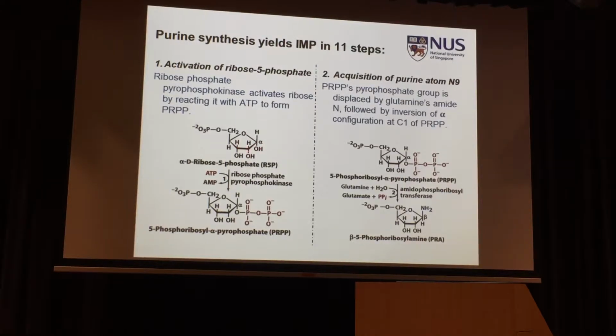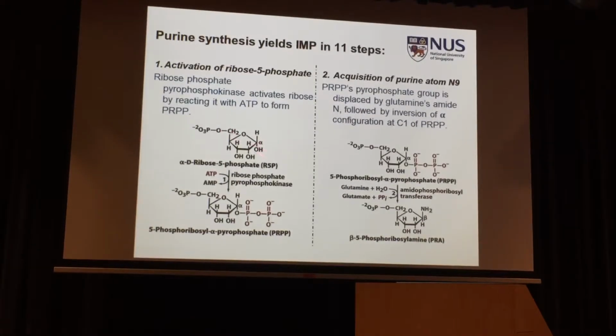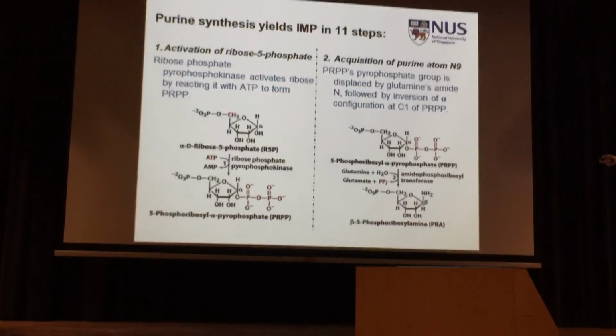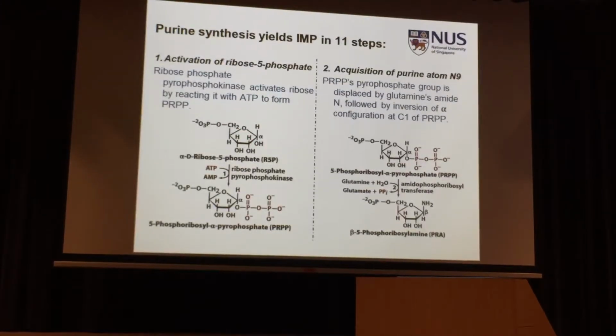In the 2-dimensional form, we point it downwards. The OH is on the opposite side of C5, so we point it downwards.